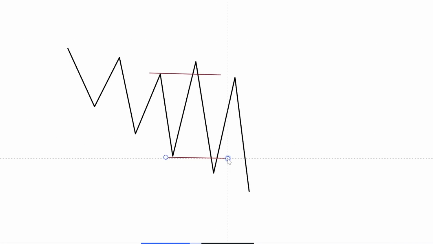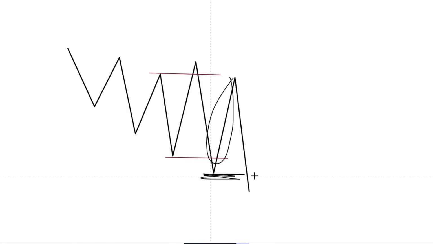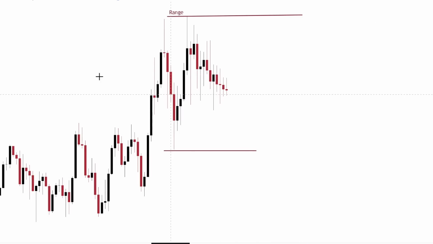Now you have your swing low taken. Now you have your retracement. And you have your entry below your sellers being trapped, right here.